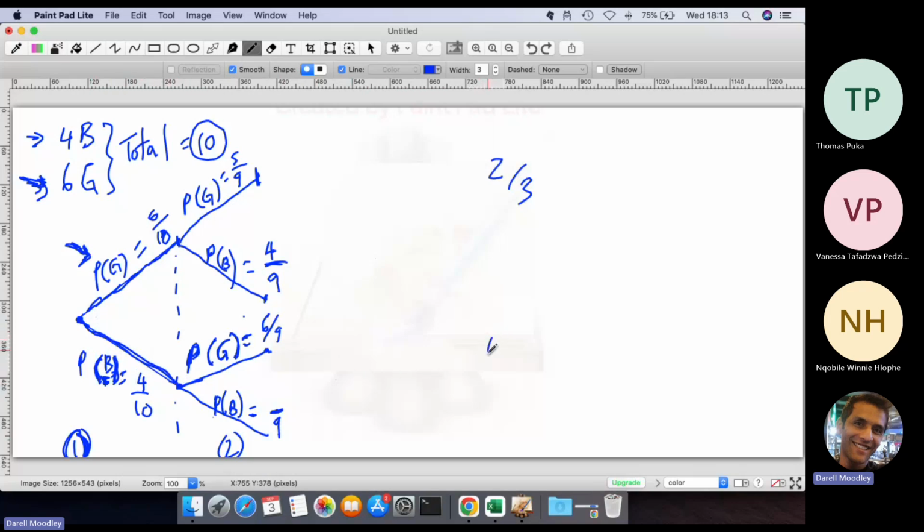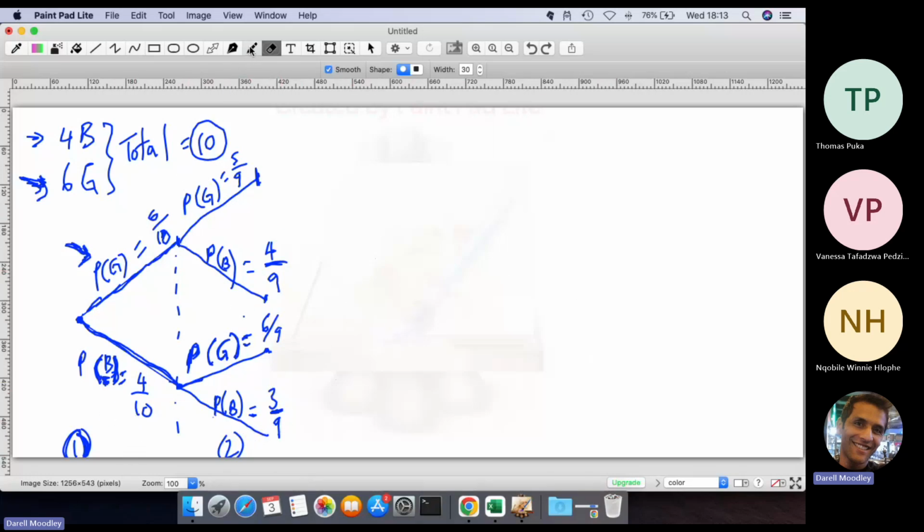So it means you had 4 initially when you started off, you removed 1, and now you're left with 3 blue. So this numerator here is 3/9. So now you've pretty much worked out all the individual probabilities of drawing a marble, right? For the first and the second draw.